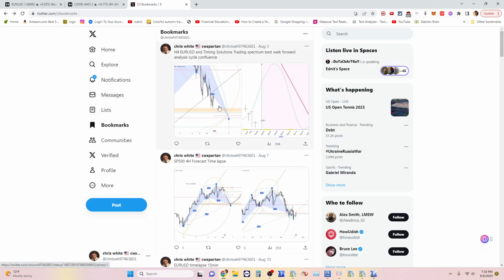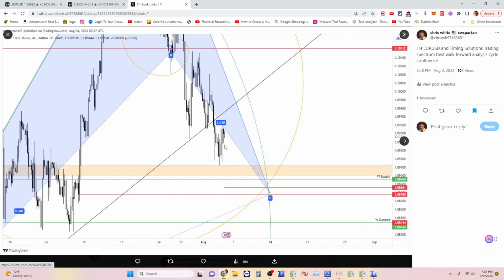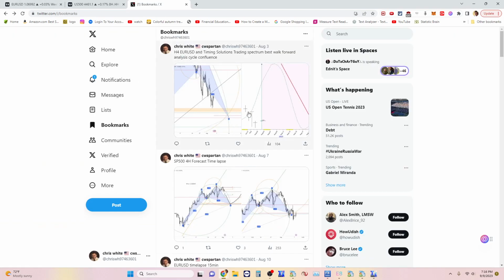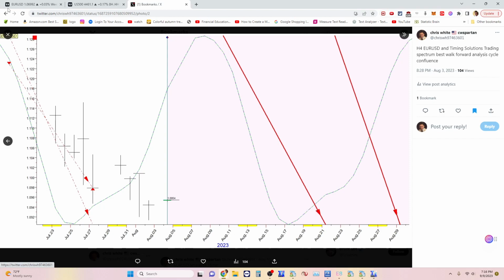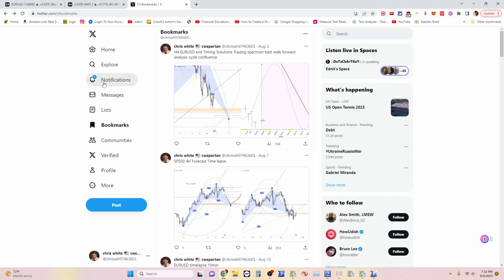And this was the price location at the time, and we did break a diagonal support, which is more subjective, but the overall idea is we would see it run up and then run down. And then it says that we would bottom around the 17th, peak around the 9th.